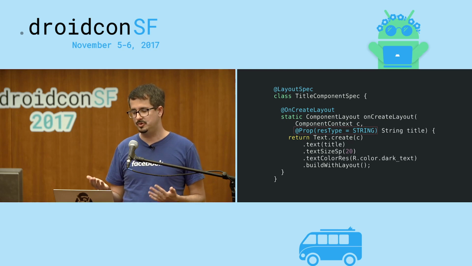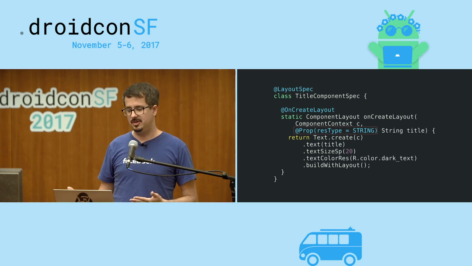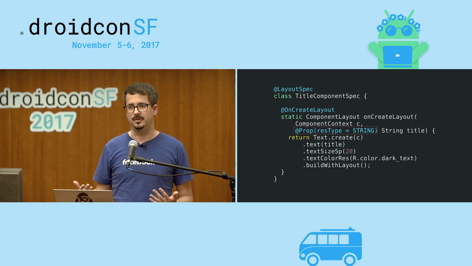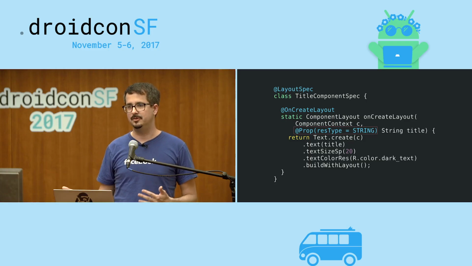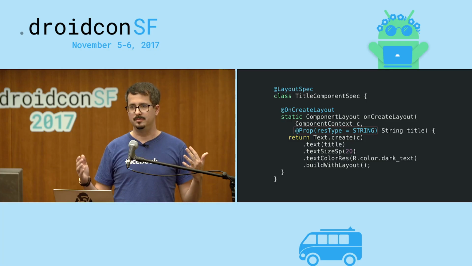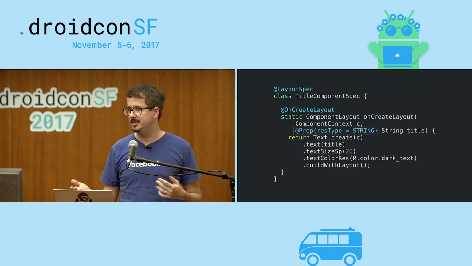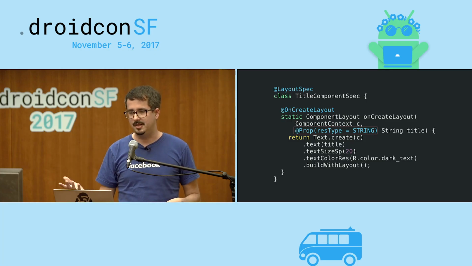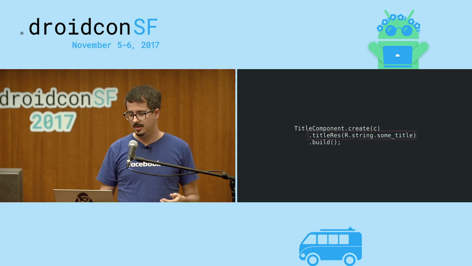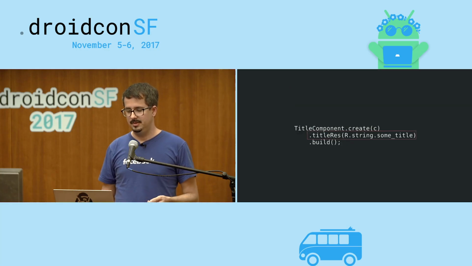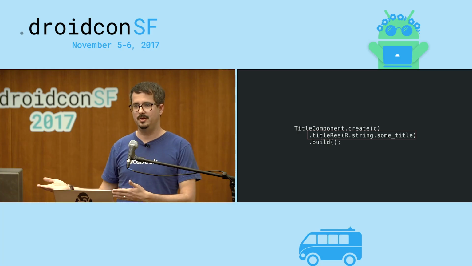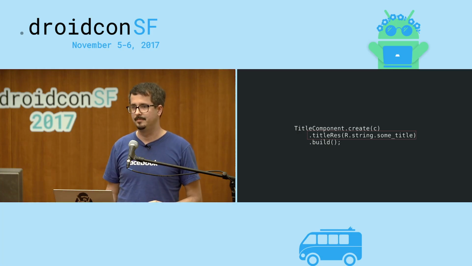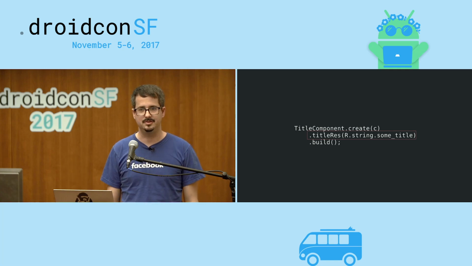What this will trigger is the framework generating a bunch of convenience methods for you, so that whenever you want to set a title, you can set it from a resource, or from a resource ID, or a certain SP dimension, because this is a string and so on. For example, if you annotate the prop this way, you have title res, which is your way of setting title from a resource ID. And that's super convenient, and that's the kind of stuff that you would use in XML.